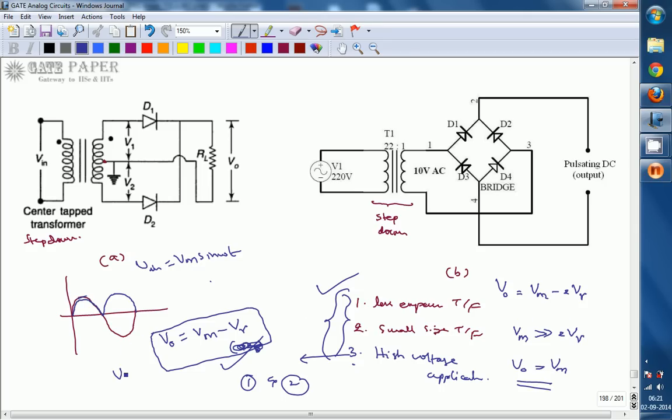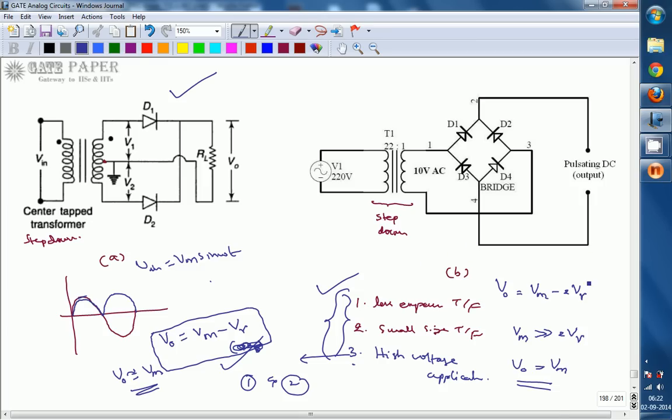V naught is more accurately equal to Vm when subtracting 1 V gamma compared to 2 V gamma. So that has the advantage for higher voltage applications, but both are suitable for high voltage applications.